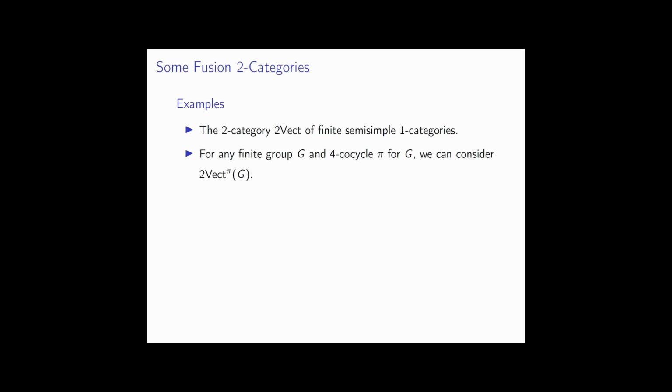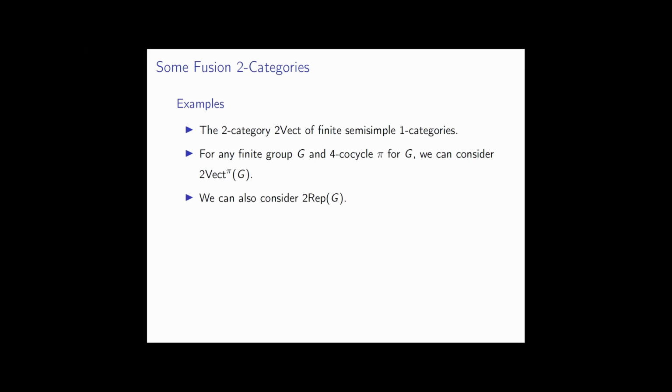So here we can look at G-graded two-vector spaces. In this case, the simple objects are in correspondence with the elements of the group, and the multiplication between them is given by the multiplication of the group. And in fact, you can twist this construction a little bit using a four-cocycle. And by twist, I mean you can change the associator of the monoidal category slightly.